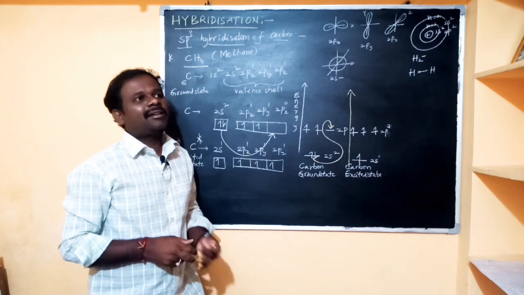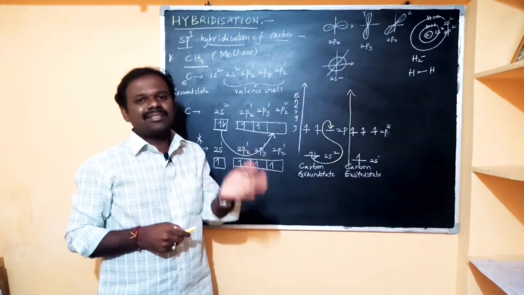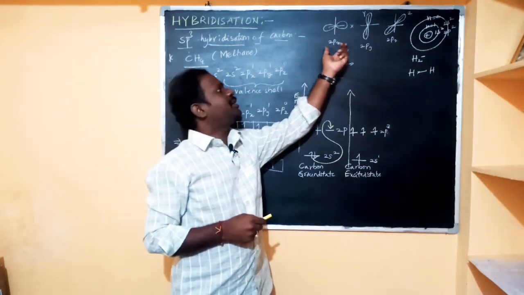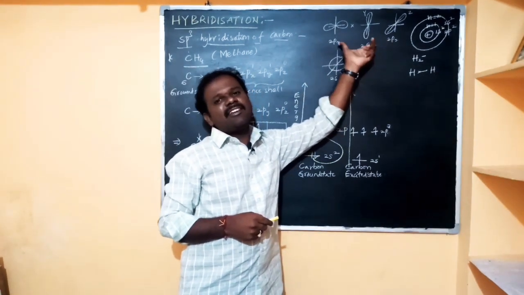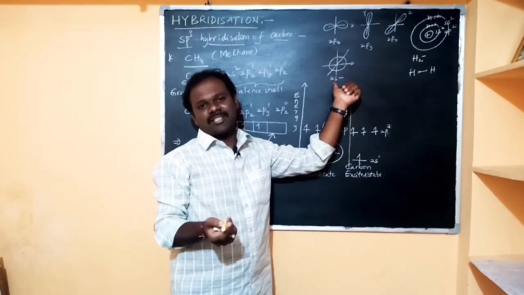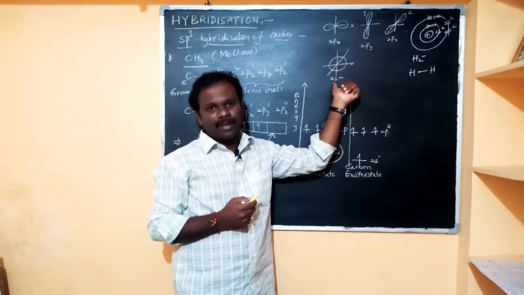So our spectroscopic studies tell us that 2px, 2py, 2pz, these three are perpendicular to each other, and 2s is non-directional. There is no particular direction.